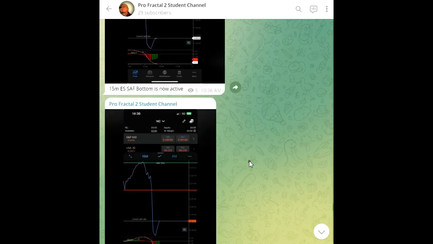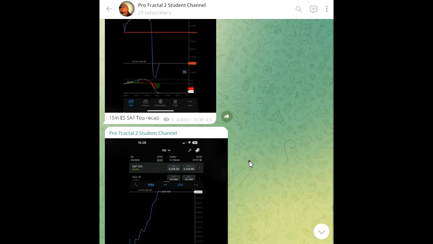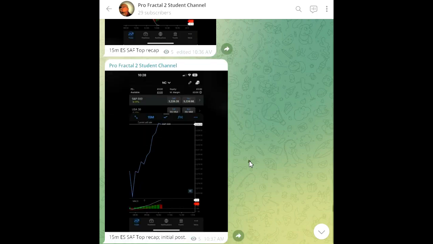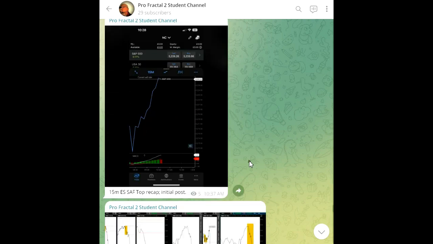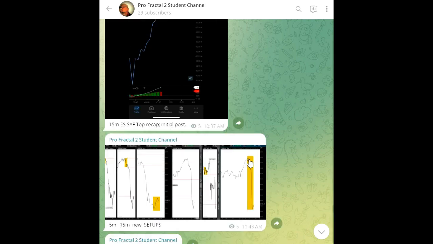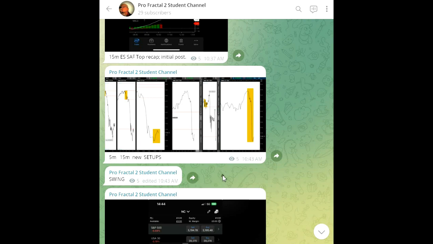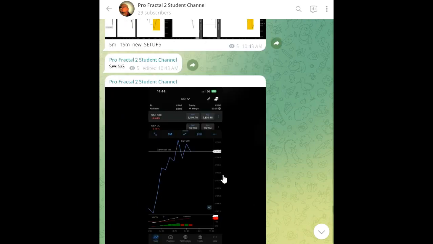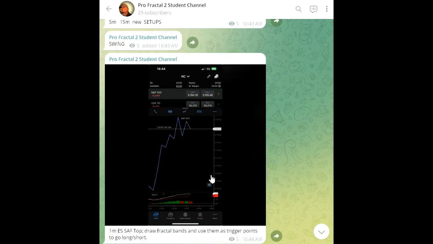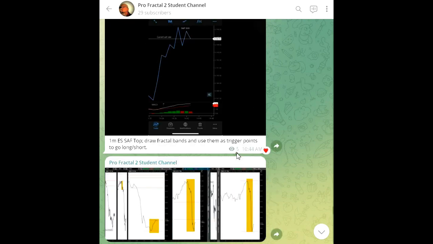Okay. You found a 15M bottom. That's the initial post. Here's your couple new setups on a 15-minute time frame and 5-minute time frame. You've got to swing between the time frames. And a 1 minute setup for day traders.